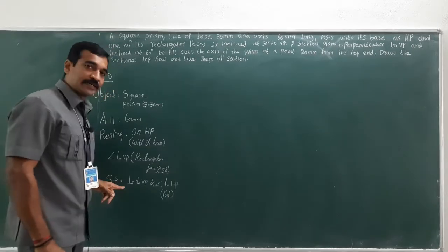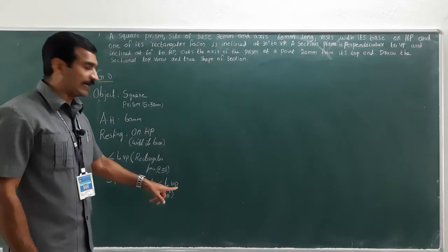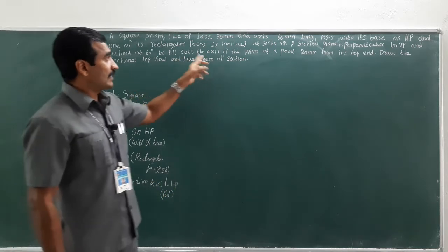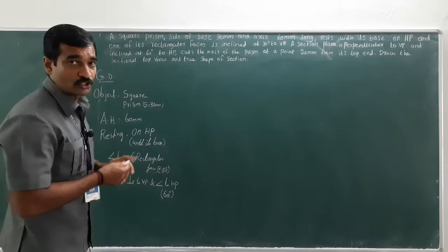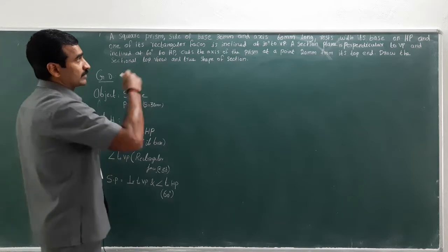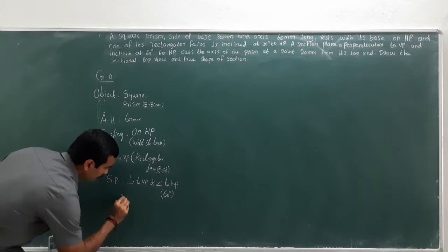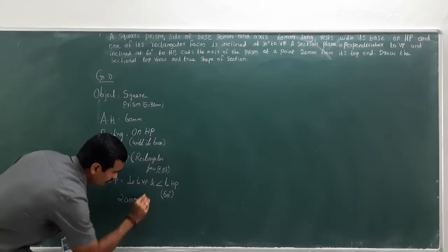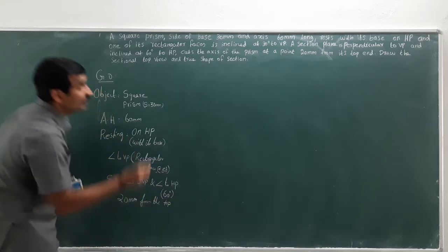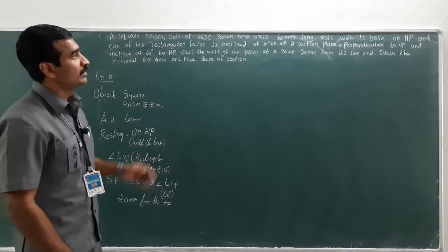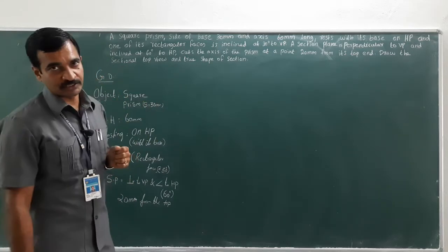So this is one of the conditions where the section plane is perpendicular to VP and inclined to HP, and cuts the axis of the prism at a point 20 mm from its top end. That is, the section plane cuts the axis at 20 mm from the top, right? Draw its sectional top view and true shape of the section.